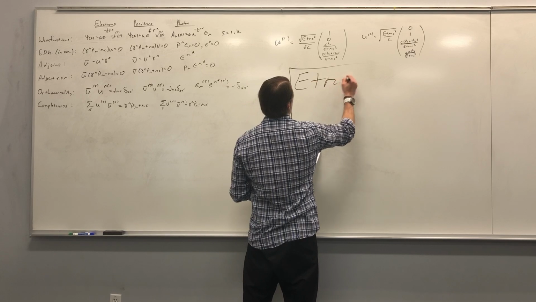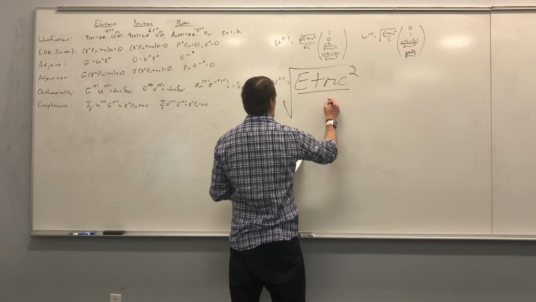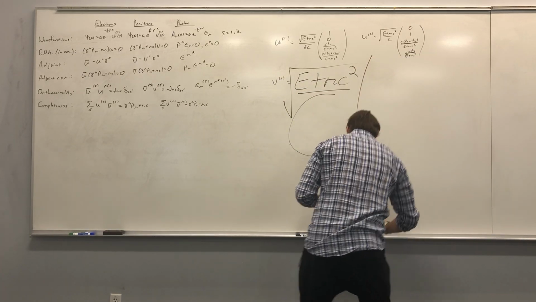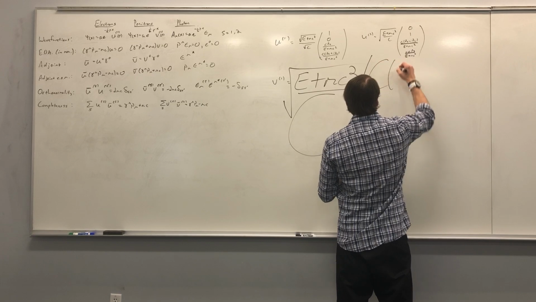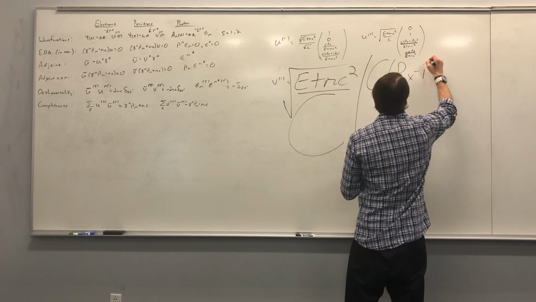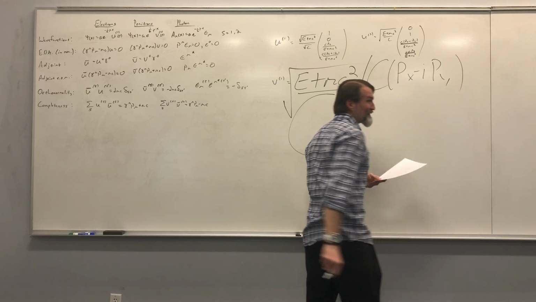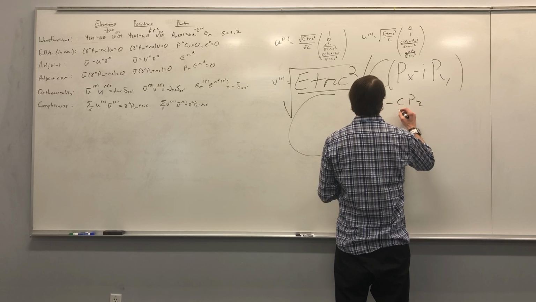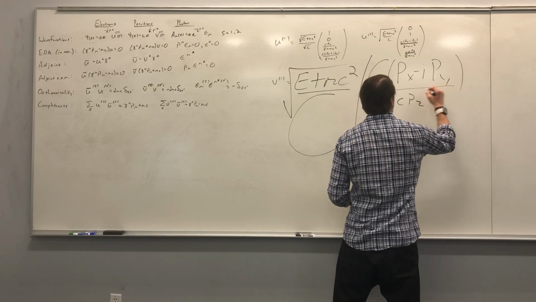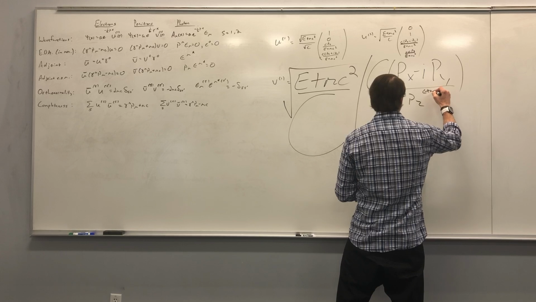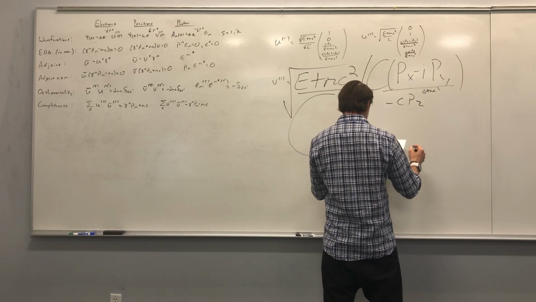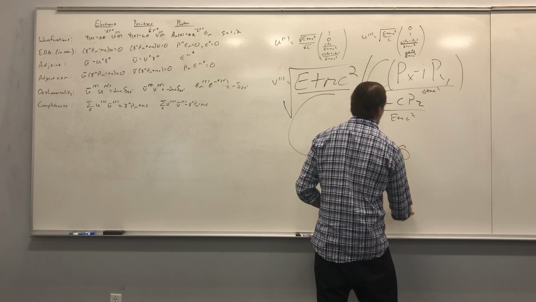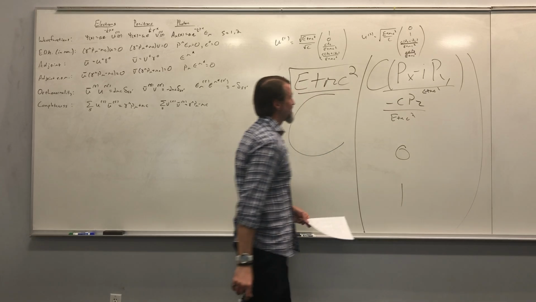(E plus mc squared) over c, times the column with cp_z over (E plus mc squared), and (cp_x plus i p_y) over (E plus mc squared), and then 0, 1. Okay, there you go. There's that one.